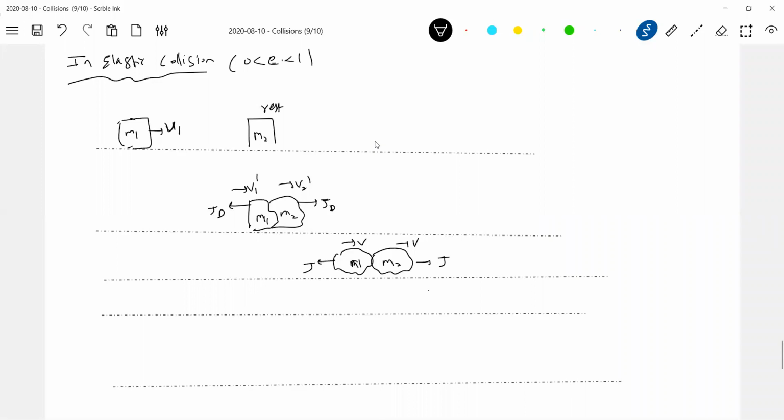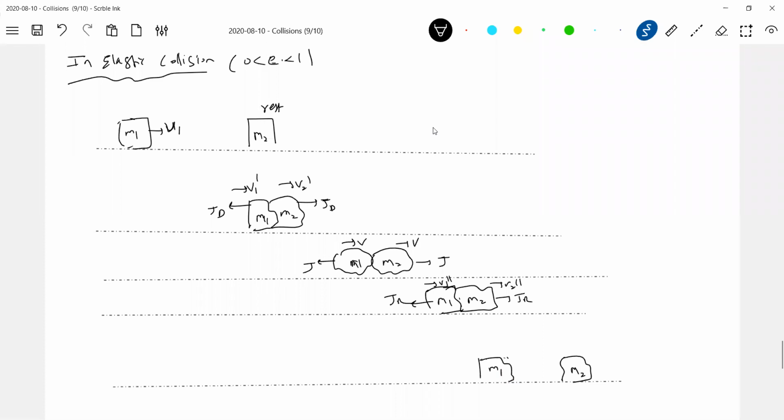Then the impulse of reformation starts acting, with V1 dash, V2 dash, and finally, make some observation.